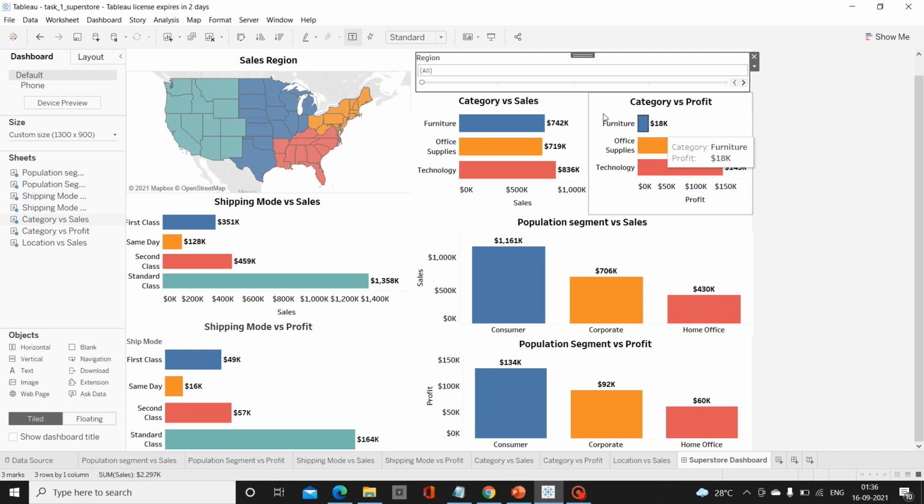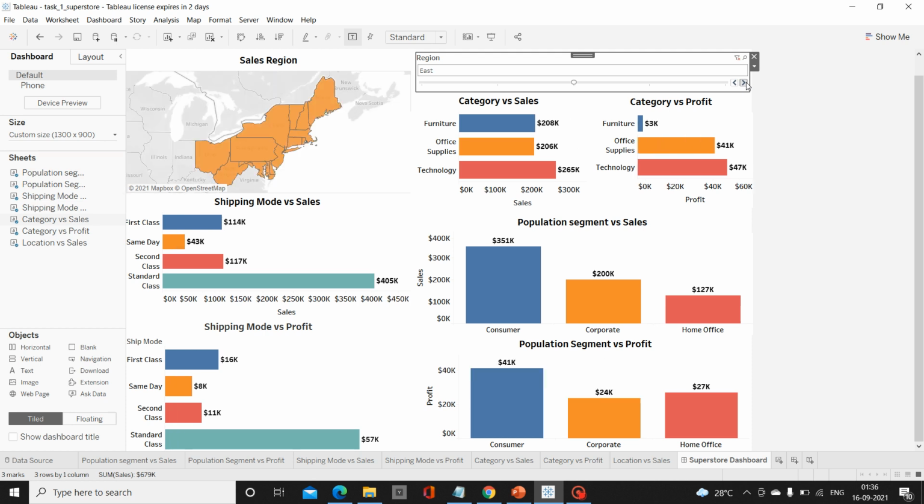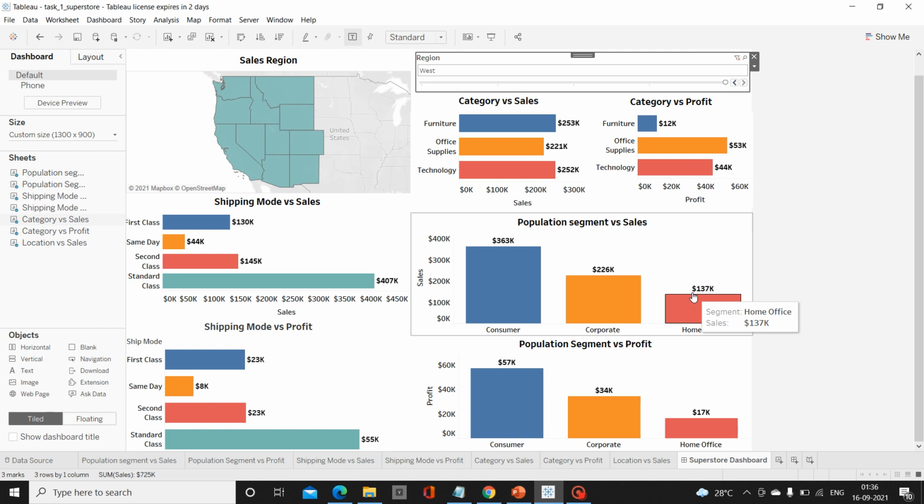And while we see the contribution of the home office in all the regions like central, east, south, and west, we understand that home office contributes the least in case of sales as well as profit.